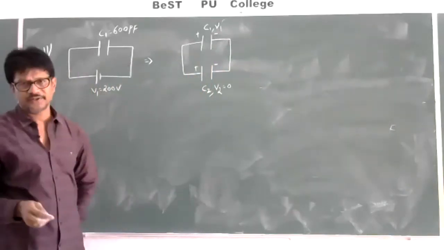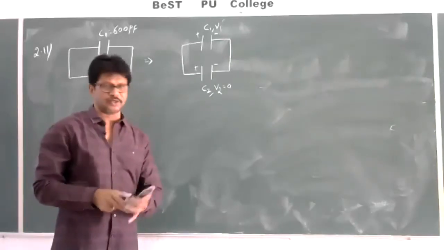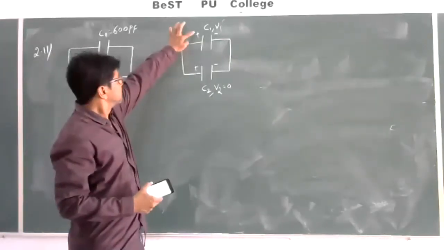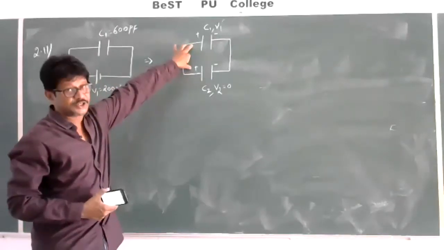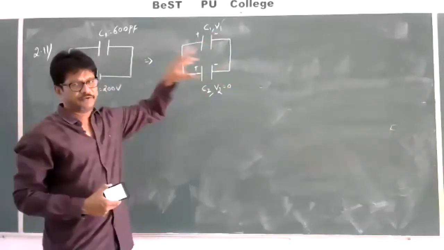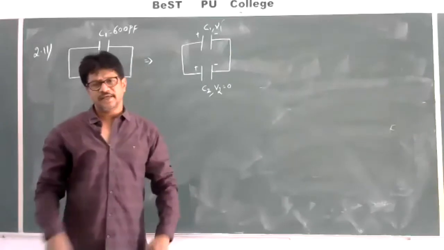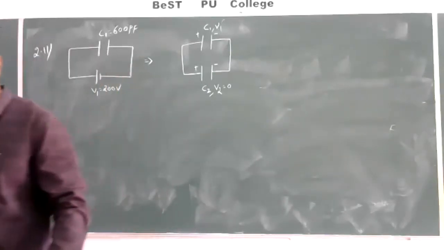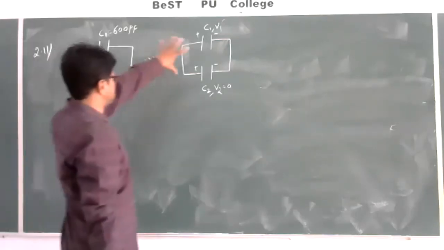If he mentions particularly that opposite charged plates are connected, then plus to minus, minus to plus we have to consider. If he didn't mention anything, we have to consider like this. Then he is asking us to find what is the energy lost in this process.